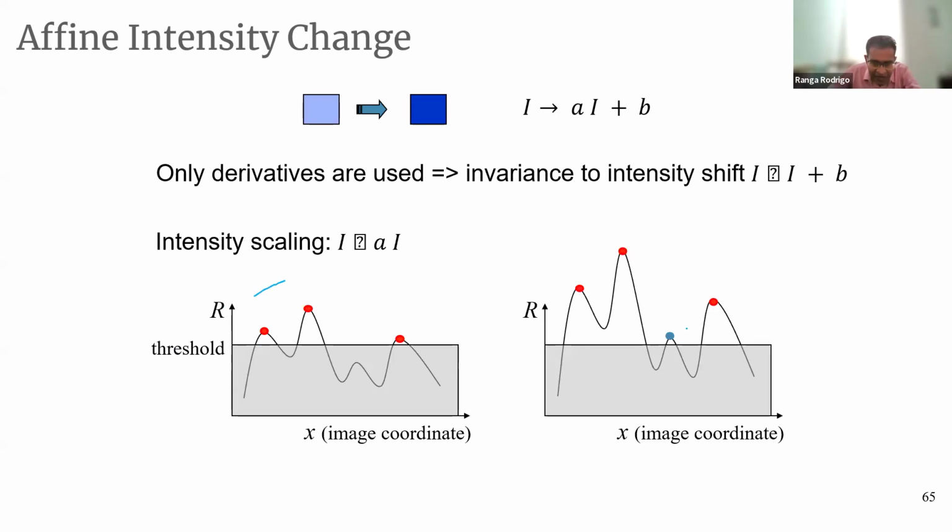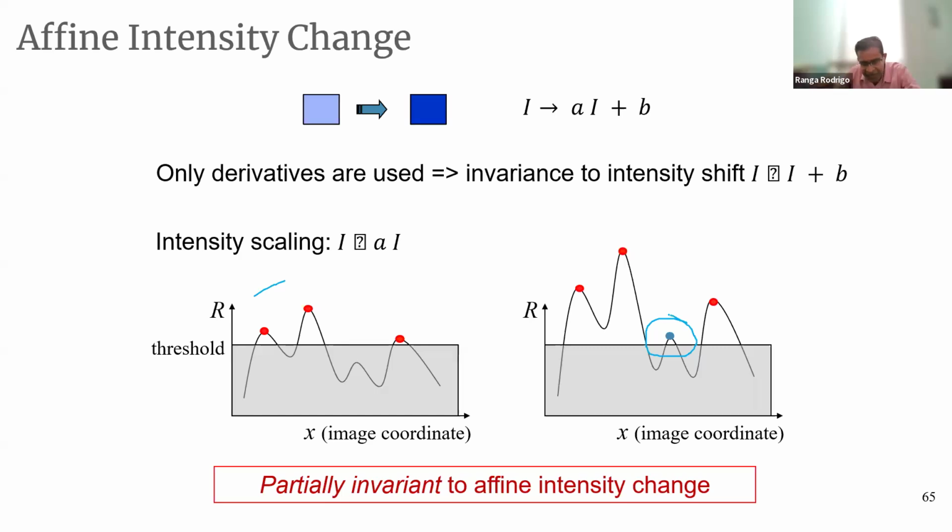So therefore, some points that did not pass the threshold may pass the threshold. In the opposite direction, if you reduce the alpha A value, some points may not pass. So therefore, partially invariant to intensity changes. That's why we call it partially invariant.